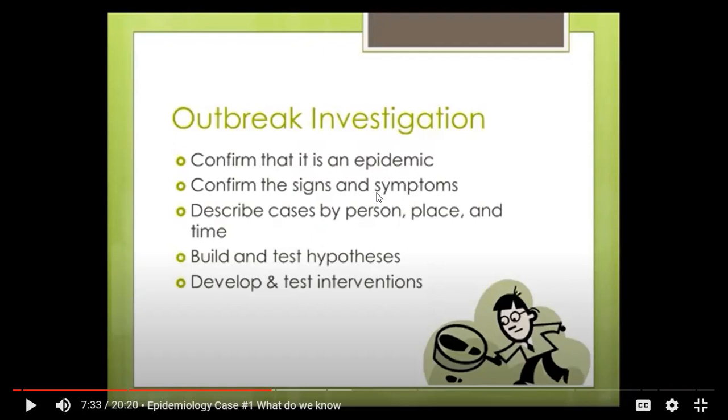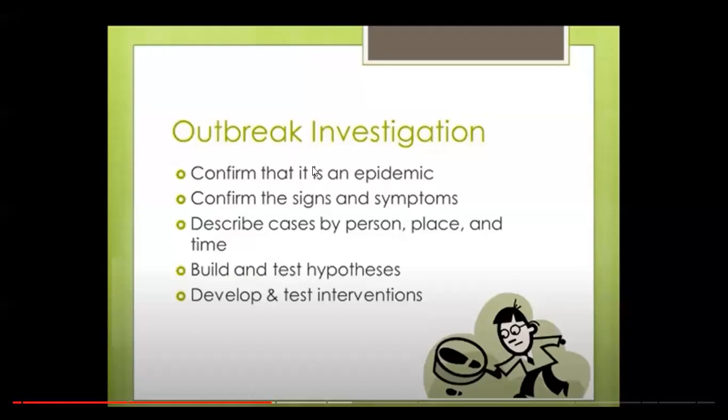And we confirm the signs and symptoms: vomiting, diarrhea, mild to moderate fever. And also person, place, and time, then build and test the hypothesis. So the outbreak investigation, and also what are the hypotheses.